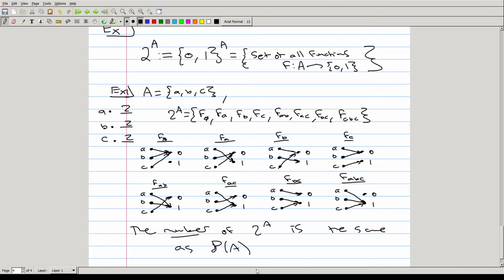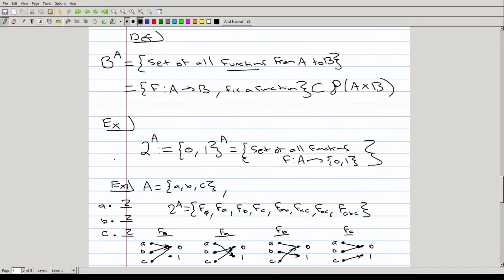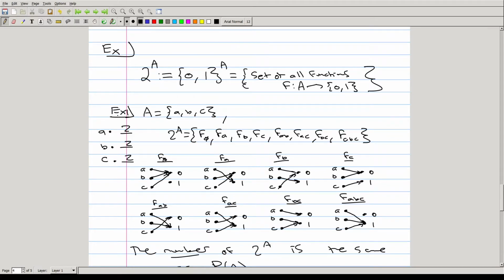We actually say that these two sets are set theoretically isomorphic, which we will define directly in this lecture. This is a really good example of this notation and kind of showing why this notation is useful.